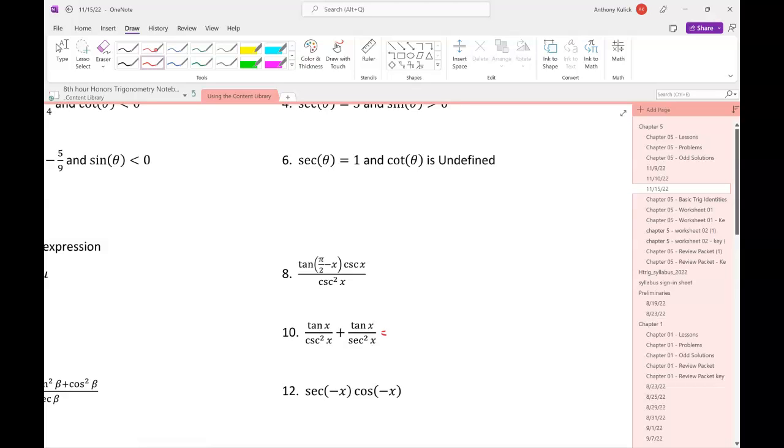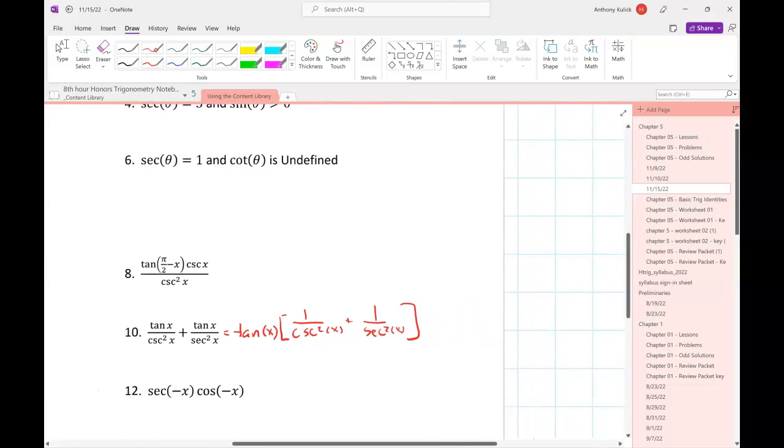Yeah, what's the greatest common factor? How about just tangent? Right? Becomes like 1 over cosecant squared plus 1 over secant squared. Cool with that?